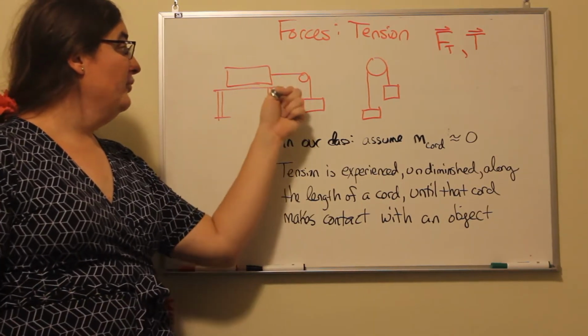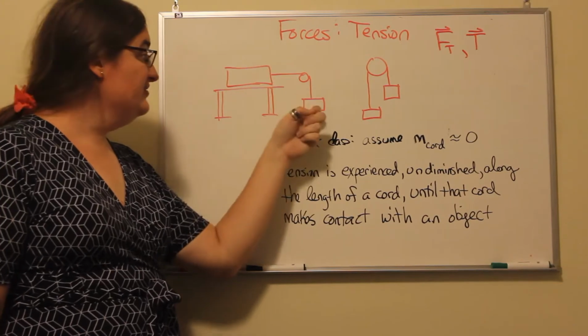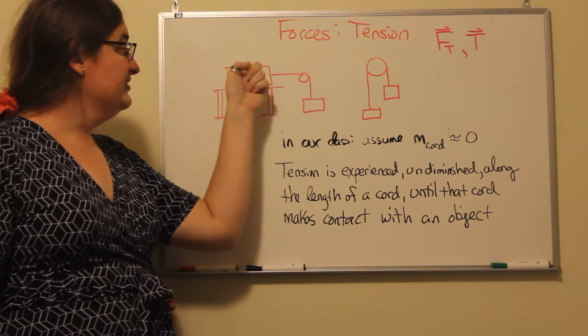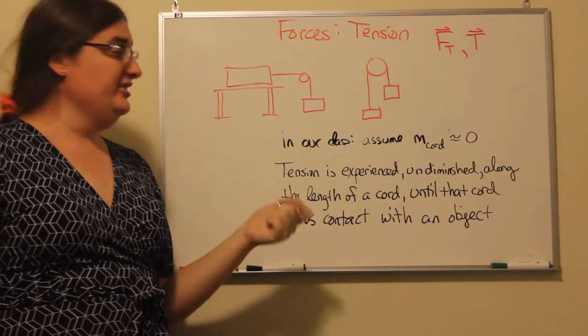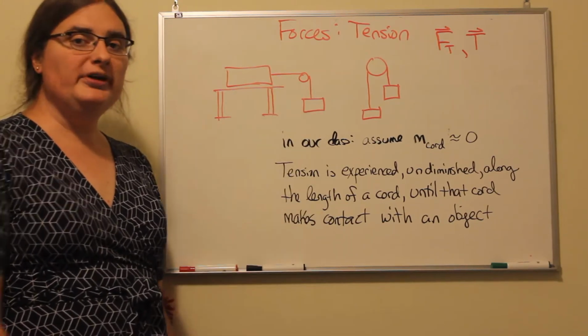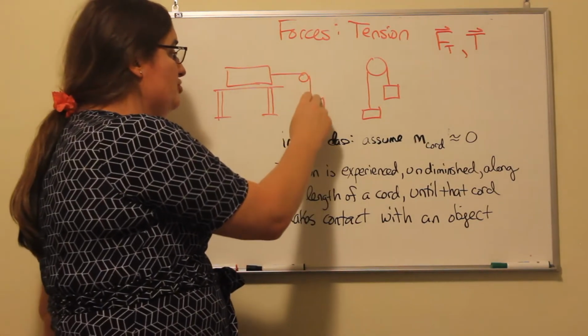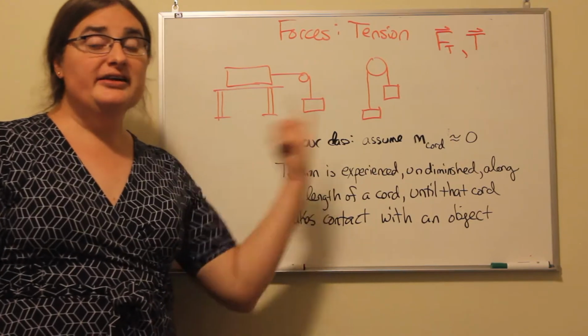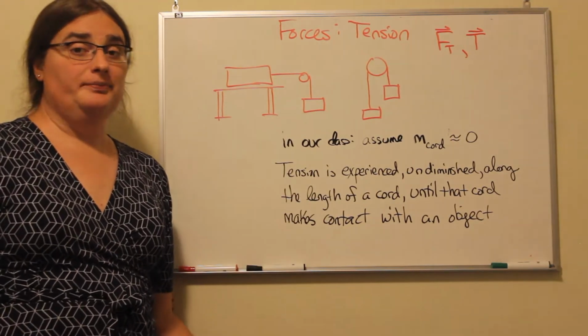So for example, if I have a string that's connected to an object that then is connected to a second object sitting on a table and run over a pulley, all through that straight length of cord, there's going to be tension.